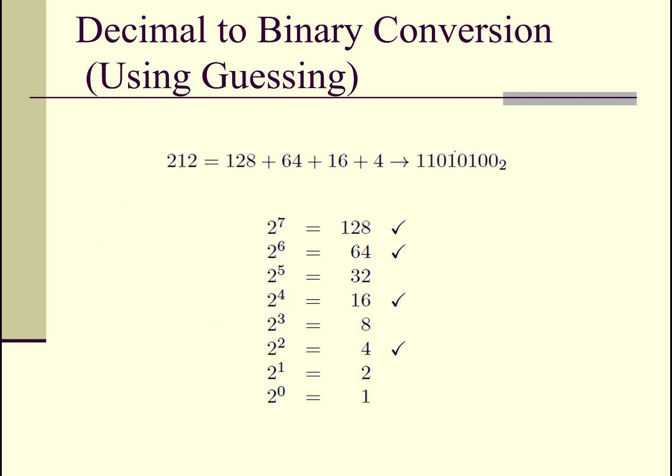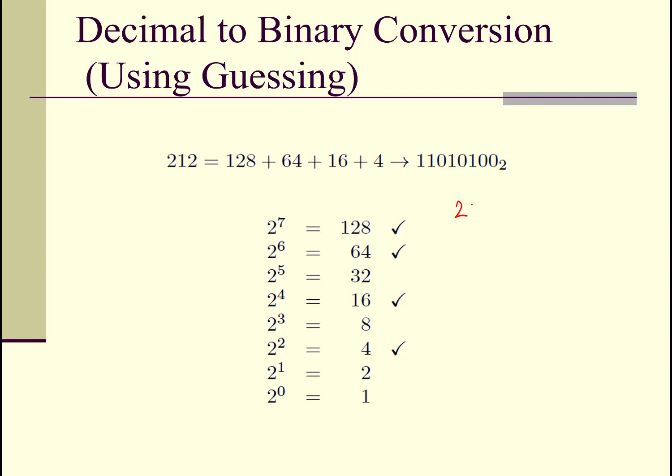For example here, 212, okay? If we want to get this using the same way I used now, in this case you have to do the same thing, right? So you will start, not with division, but trying to find the nearest number.